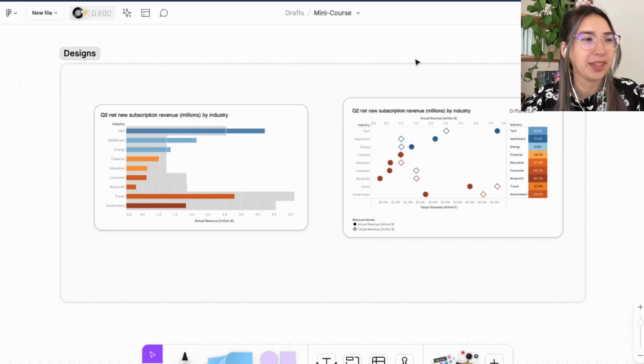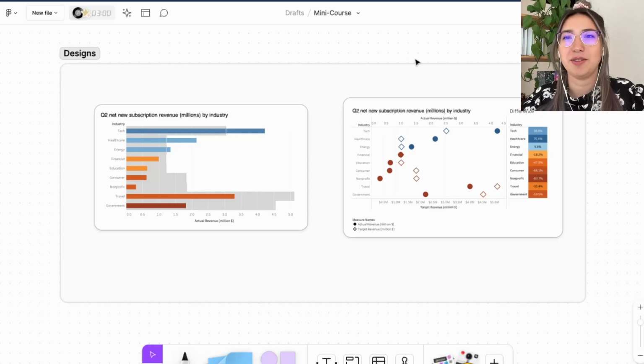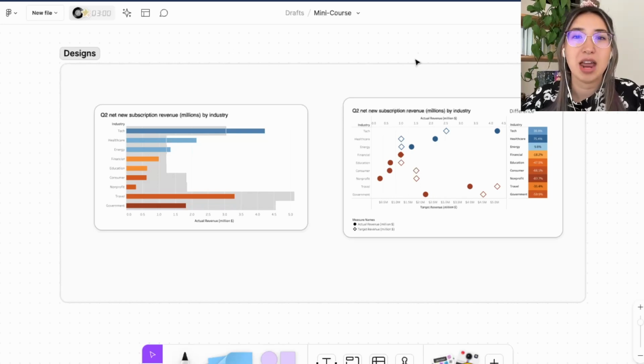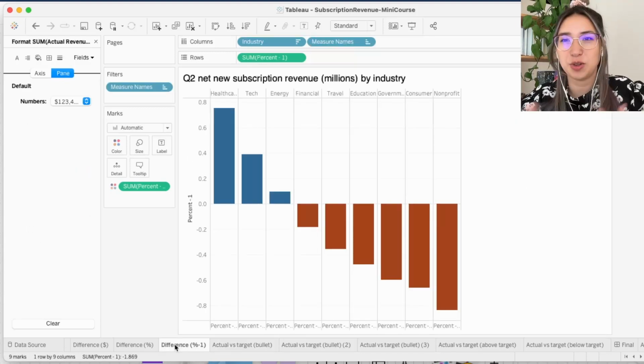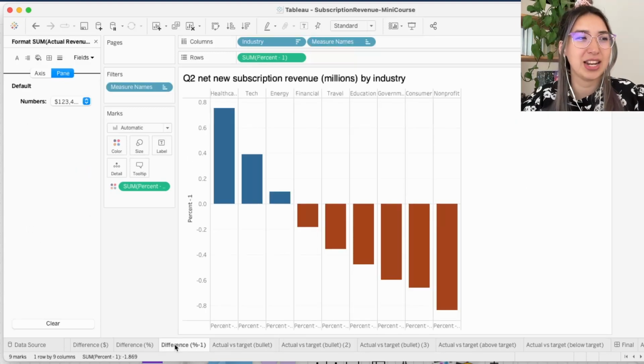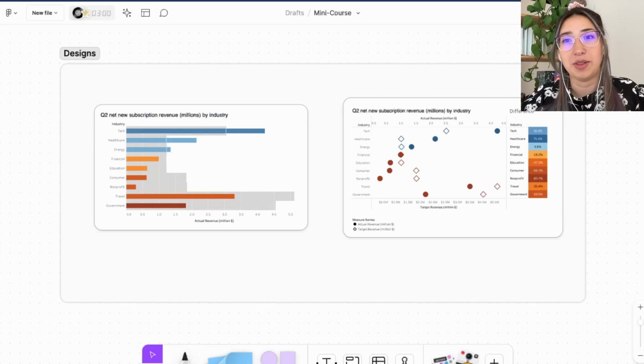But I was actually trying to think of what might be good designs and what might show different things. And maybe you might think that one of these other ones, actually just encoding the difference percentage, might be better. So if you wanted to go ahead and try one of those or whatever it might be for your chart, you could have as many or as few designs as you want. I guess the minimum would be one.